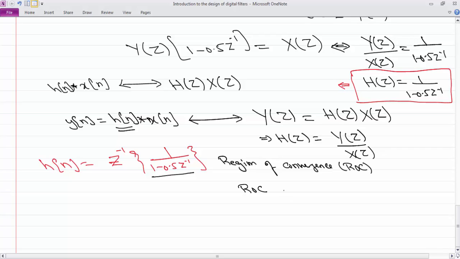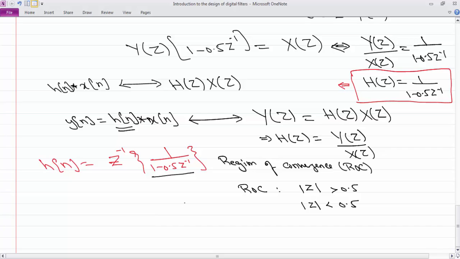One ROC is that the absolute value of z is bigger than 0.5, and the other ROC is that the absolute value of z is less than 0.5. Okay. So depending upon that, you get two different answers.